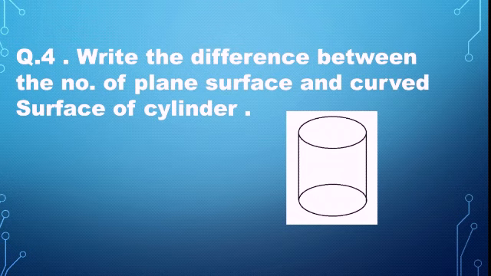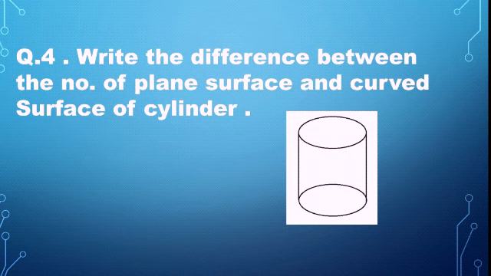What you need to do is find the number of curved surfaces and the number of plane surfaces, and after that subtract. When you are subtracting, keep in mind that you have to subtract from the maximum to the minimum. So find out first how many plane surfaces and how many curved surfaces there are, then subtract, and you will get the answer easily.